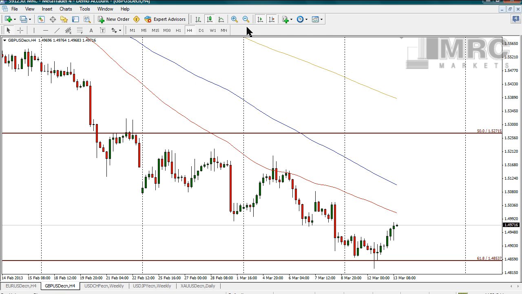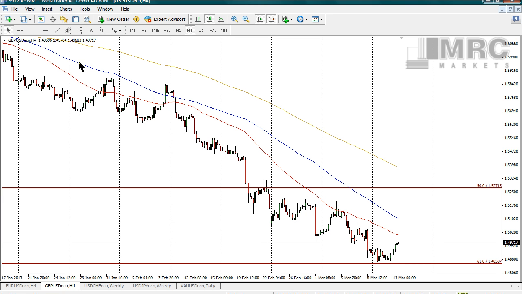In terms of the 4-hour, if we look at any shorter term patterns, just shorter term sell opportunities, then you've got the trend line resistance there, which is kind of holding, but it's starting to break above it at the minute. But in terms of cable, the only thing I'm really interested in is this 61.8% level. It's a long setup. It's currently in play for a lot of traders here, and I wouldn't be surprised to see it rotate higher.